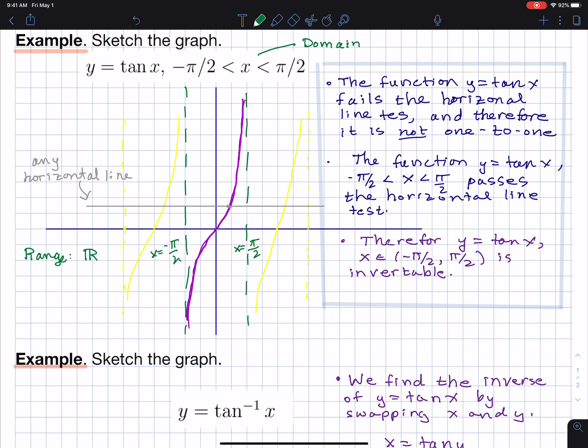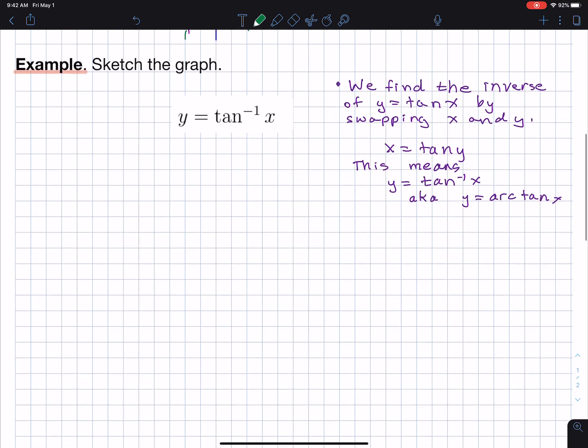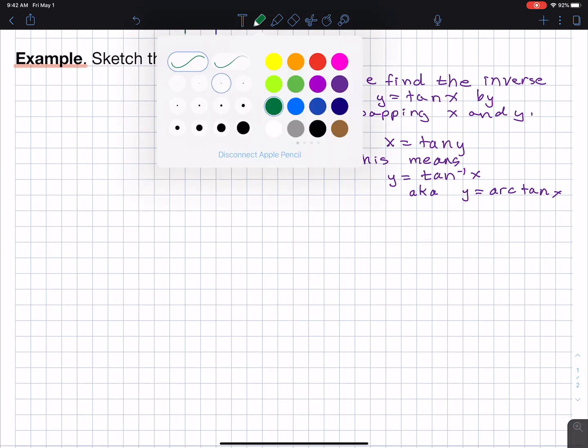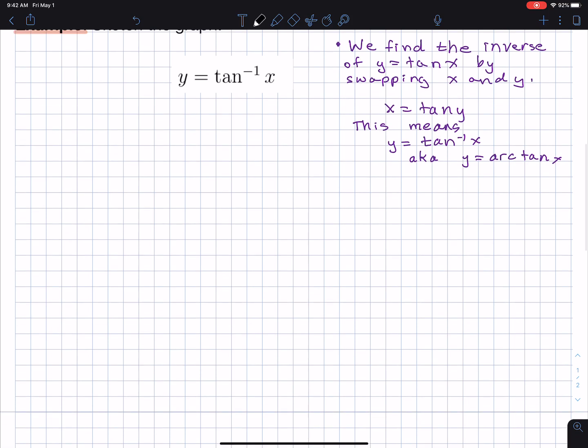Now, if I'm using the variables x and y, domain corresponds to x and range corresponds to y. When we swap x and y, that interchanges the domain and range. That's one thing, and I'm going to write that down and follow up on it more.